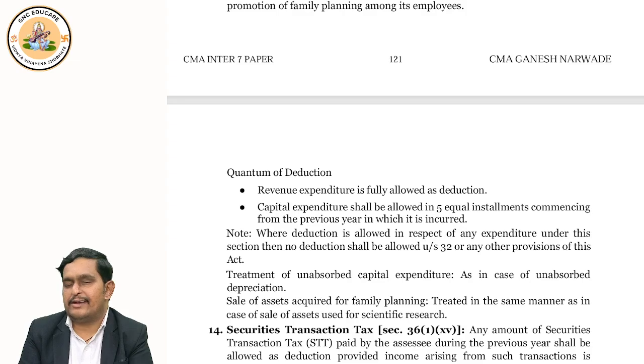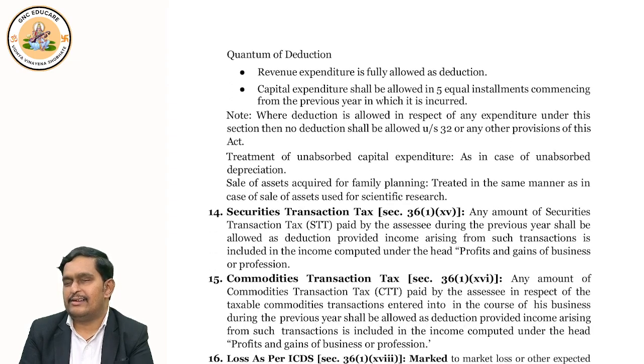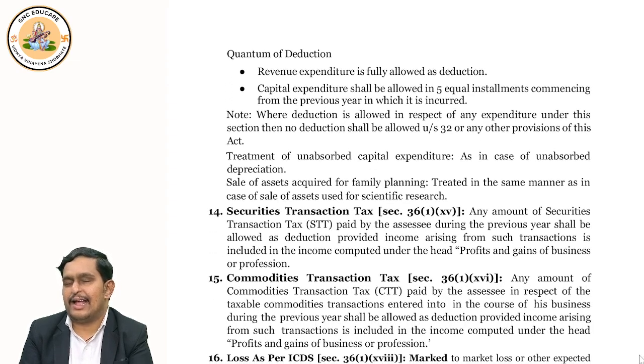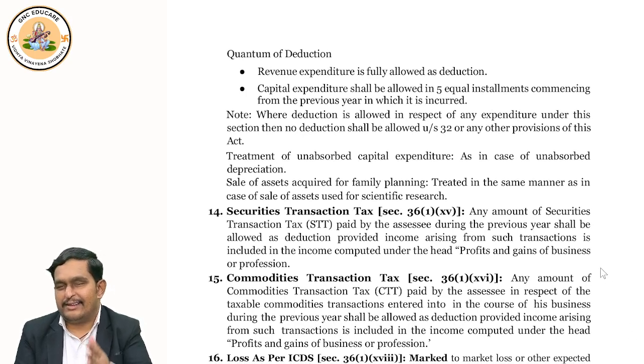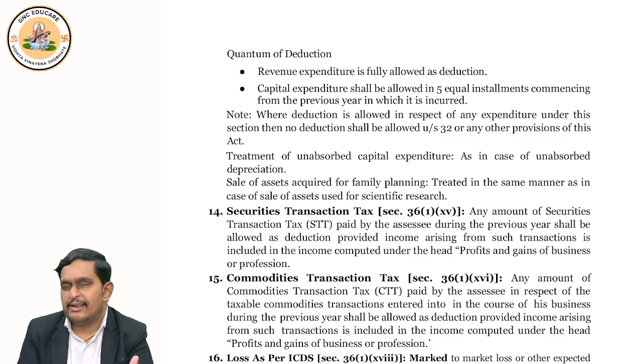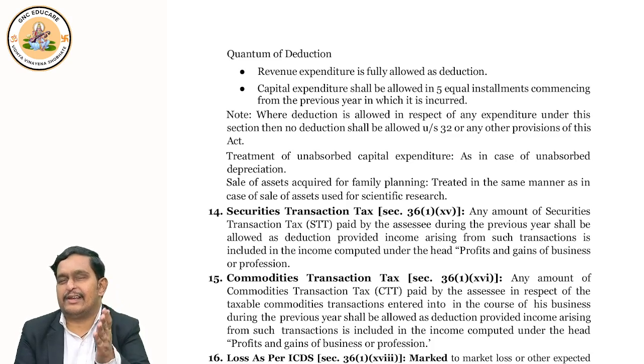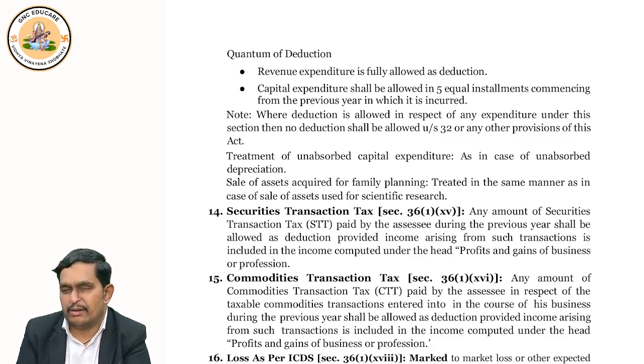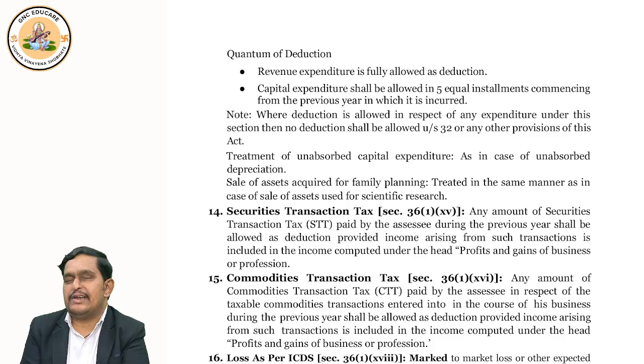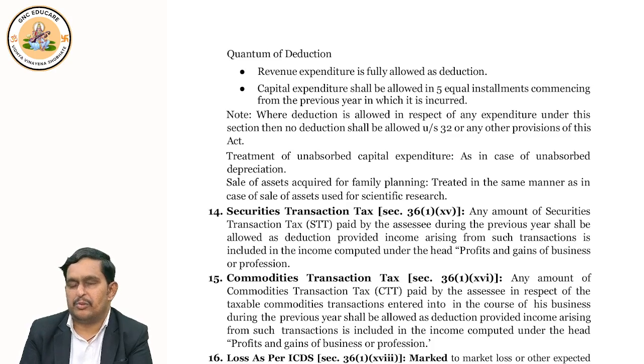It can be adjusted from any head except salary and casual income. What I said for unabsorbed depreciation, the same I said for unabsorbed scientific research expenditure, and the same I am telling for unabsorbed family planning expenditure. Okay, this comparative study you should be able to do.